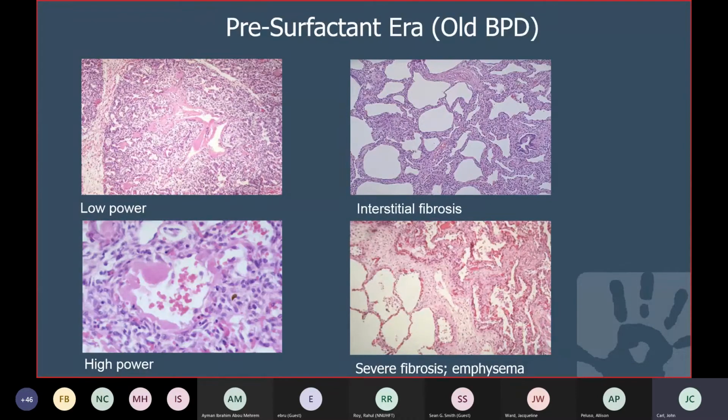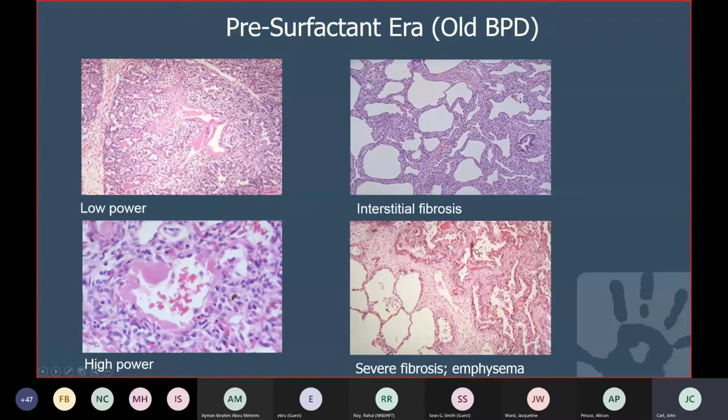And so on a photomicrograph at low power, it's really hard to differentiate this lung tissue from tissues of, say, liver or other organs. Whereas at high power, you have this acellular eosinophilic hyaline membrane that develops. There's also a plethora of cells in the interstitium, resulting in interstitial fibrosis, and then ultimately development of severe fibrosis adjacent to emphysematous changes and overdistension.